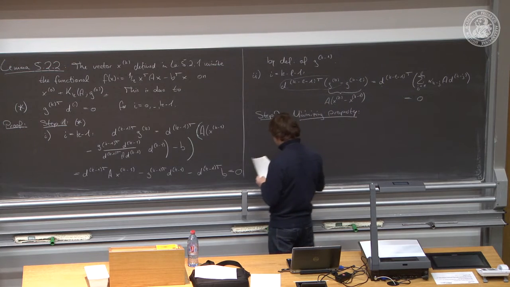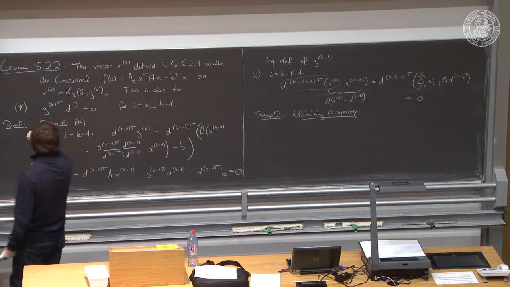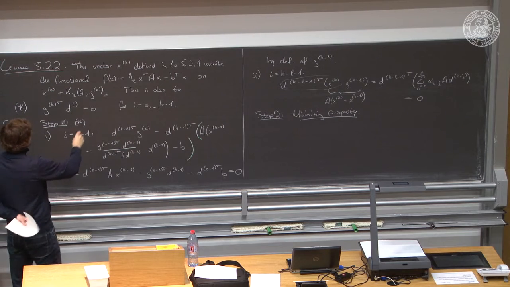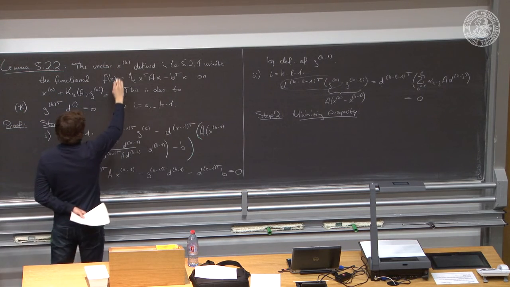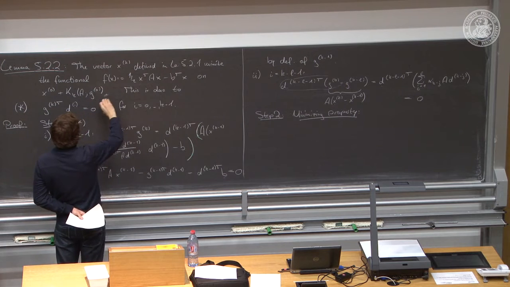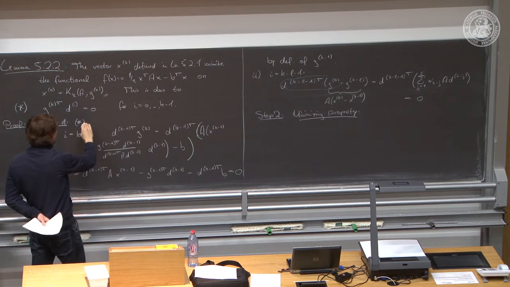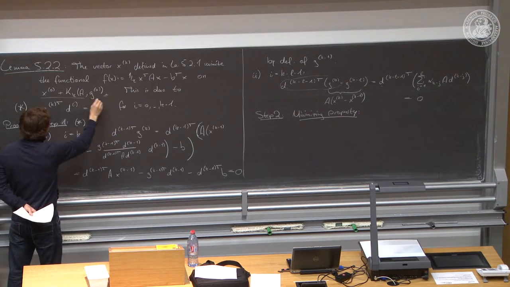What is still left is the minimizing property of our kth iterate. That means that it is indeed the minimum of this functional on that affine subspace.